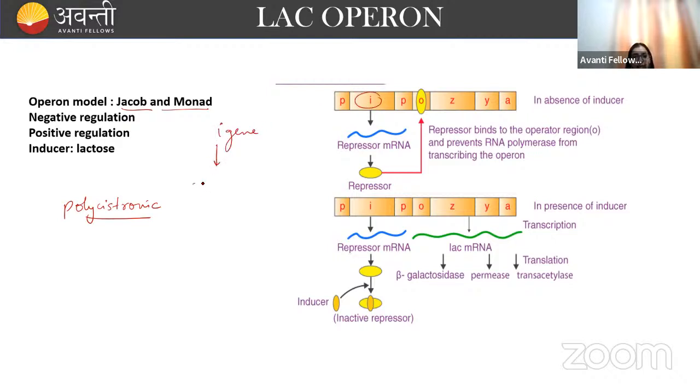This I gene will code for the mRNA. This is the promoter of the I gene. Now this mRNA, when it is translated, forms a protein which is the repressor. We know that the repressor will suppress the transcription, so the repressor leads to negative regulation.